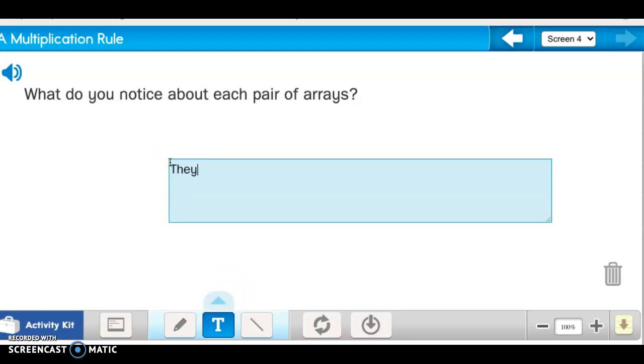They have the same answer. The factors are turned around, but the answer is the same. That is why we call it the turnaround rule for multiplication.